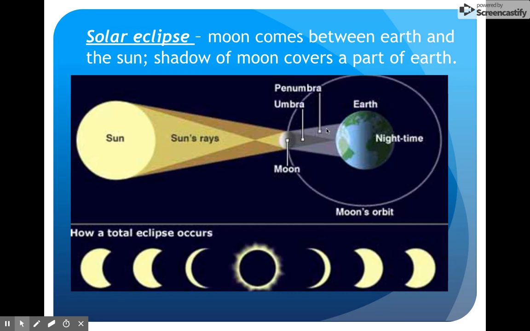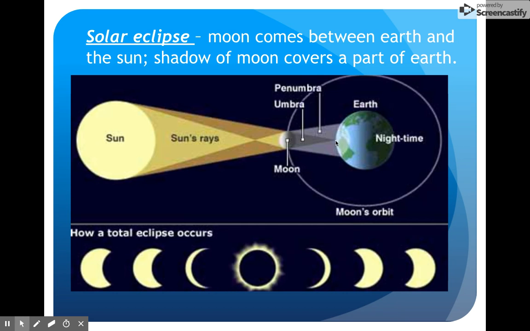The ones in the light gray area, the penumbra, they will see a partial eclipse. Anyone outside of these lit areas will not experience any type of eclipse. So again, partial eclipses are the ones in the penumbra, and the umbra, only people in this dark shadow.